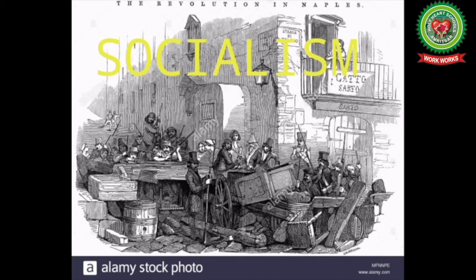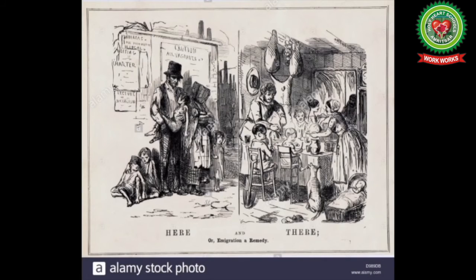Socialism. Socialism is defined as an economic system in which the means of production are owned not only by private individuals but by the community, in order that all may share more fairly in the wealth produced. The evil effects of capitalism and the spirit of improving the condition of workers gave birth to socialism.